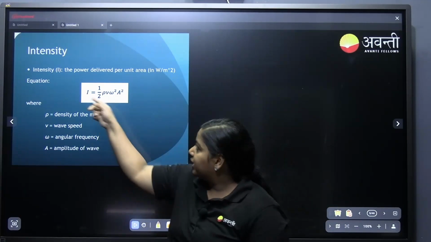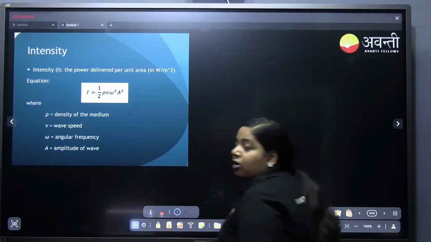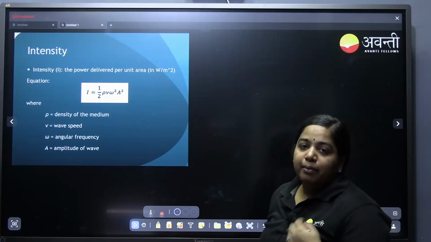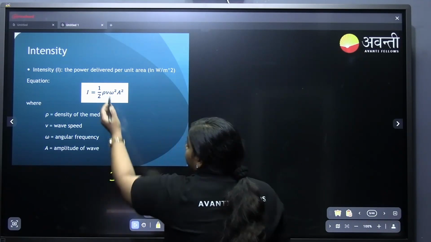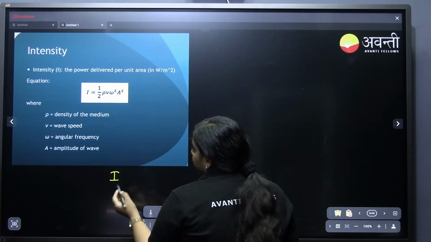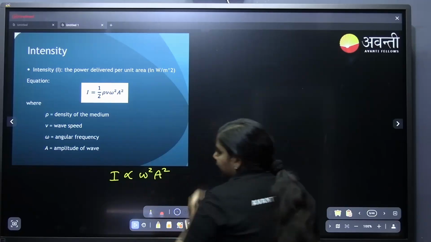Based on that, we get this. See, these are all constant values, only amplitude can vary. And also there is omega square. So I is proportional to omega square and A square.